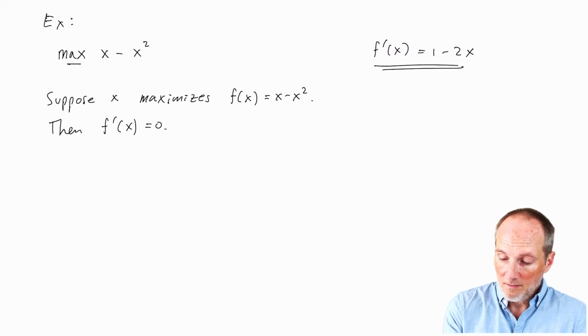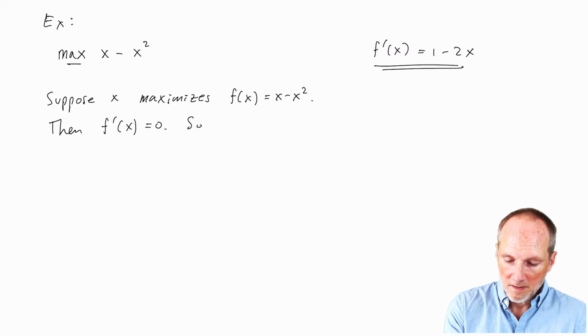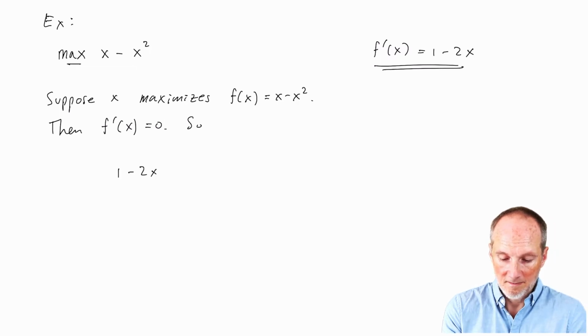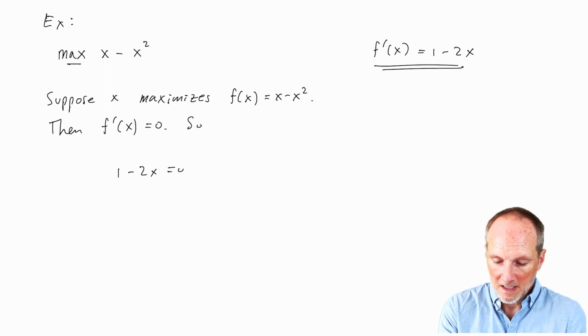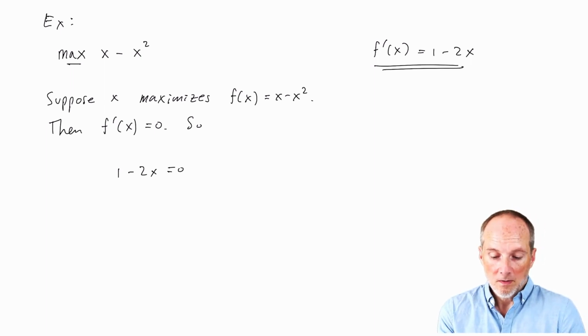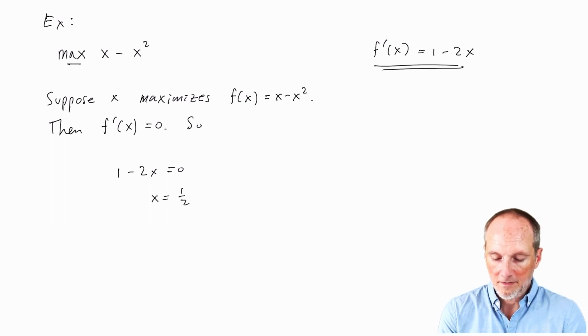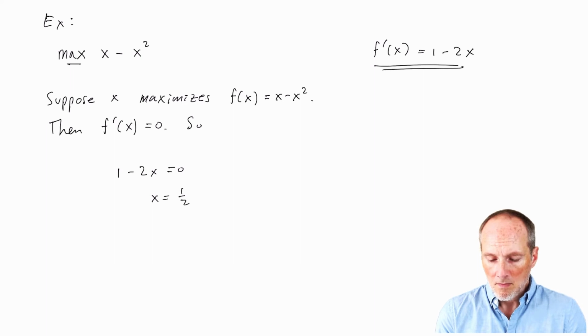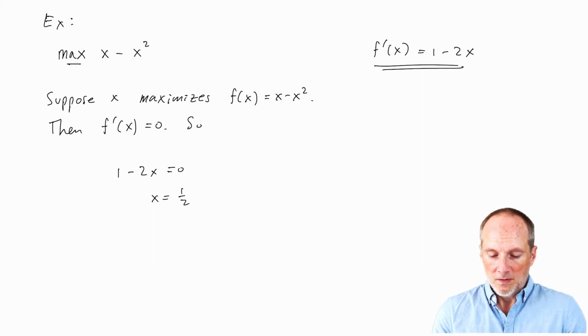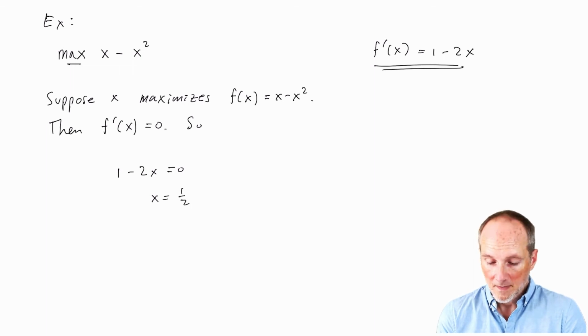We know the formula for the derivative, so that means that 1 minus 2x, right, that's f prime of x, equals 0. So that's easy to solve. x equals 1/2. So if there is a maximizer, it has to be x equals 1/2.